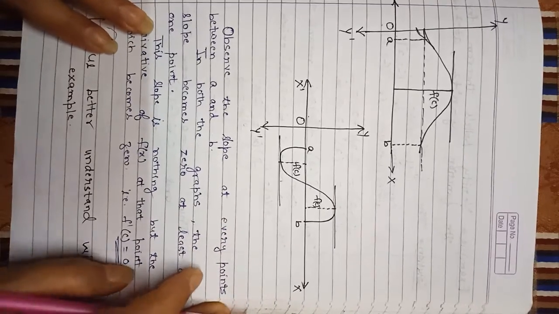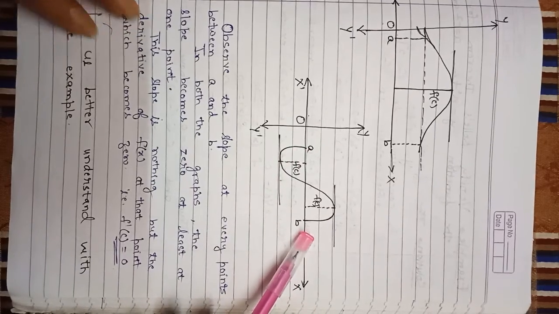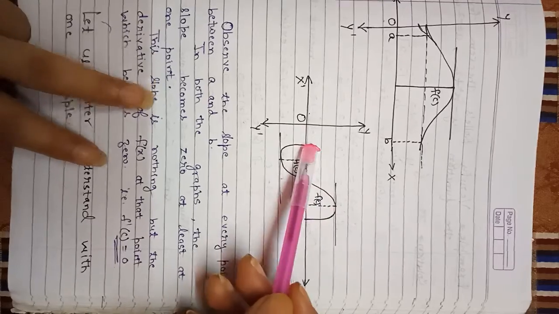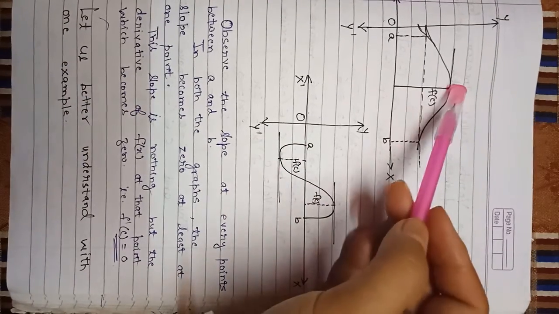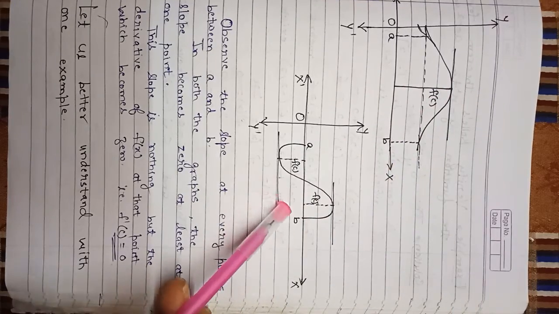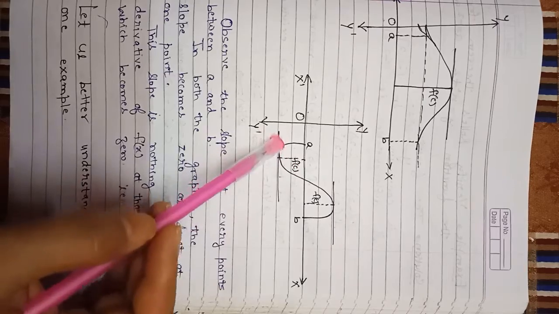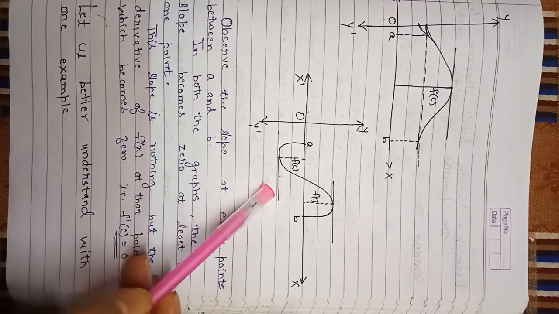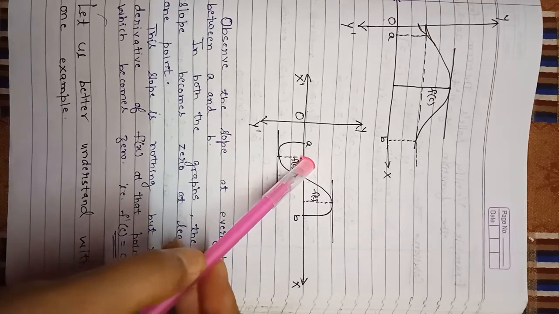Similarly, just see the second graph. Here also you can see a graph. This is point a and this is point b. There can be one point or more than one point. So here you can see again a slope is being shown which is a straight line, meaning the slope is 0, the derivative at this point is 0.